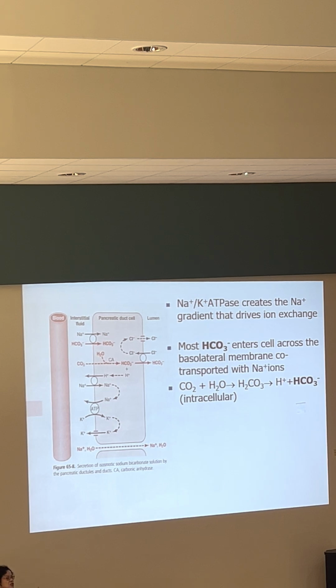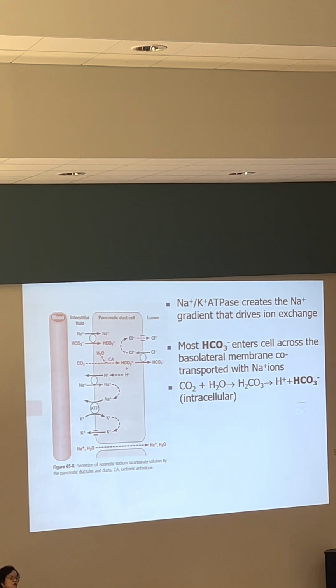The electropotential across the membrane, the epithelium of the duct cells, is negative in the lumen with respect to the inside. So we need energy to concentrate. So this is movement of the bicarbonates against both the concentration and electrical gradient.